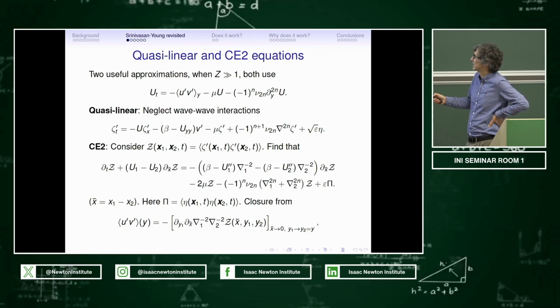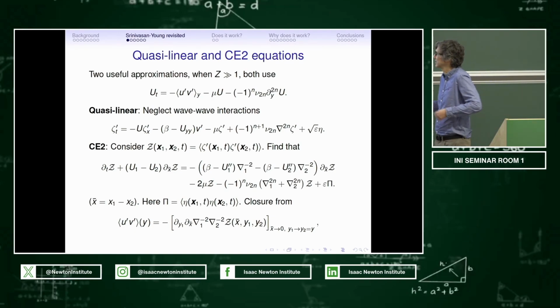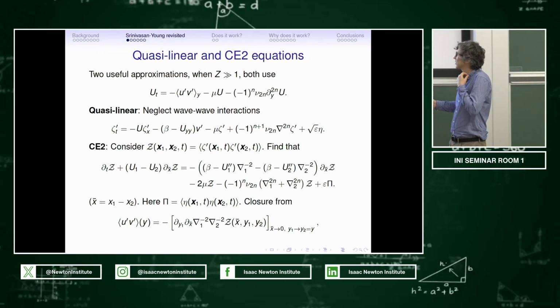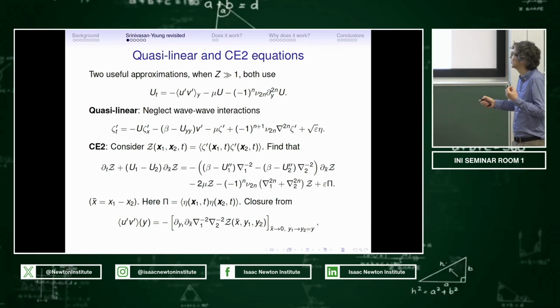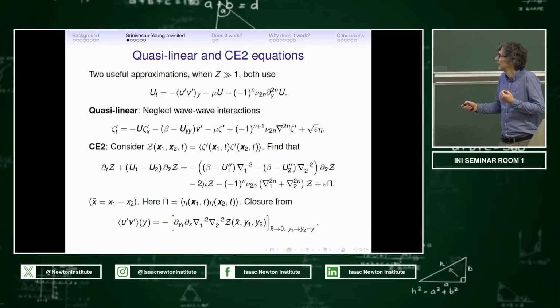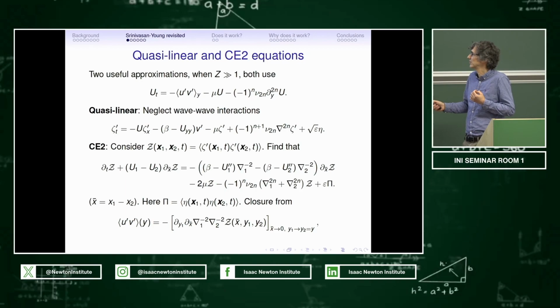This model is called quasi-linear because the only nonlinearity is the momentum flux in the zonal flow equation. There's also a corresponding statistical closure for this system, called CE2, and there are other names for it.